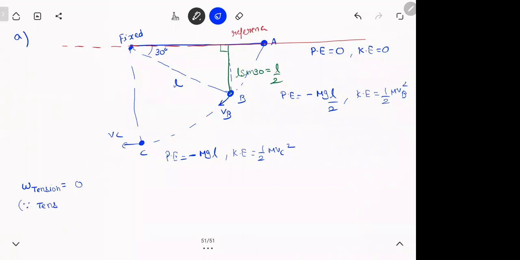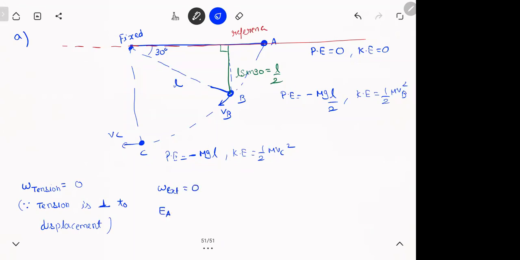Since tension is always perpendicular to displacement, isn't it? Tension will be like this and it is perpendicular to the displacement. Since tension is perpendicular to displacement, the work done is 0. Because displacement is tangential, tension is along the normal. So therefore, work done by external force is equal to 0.